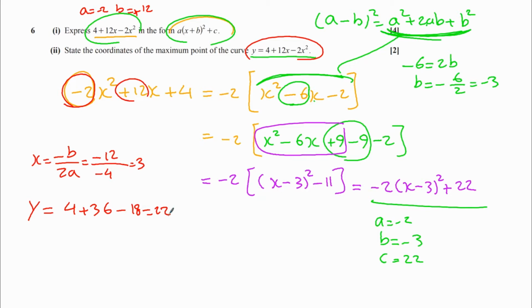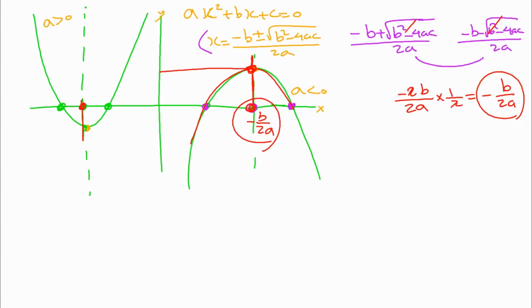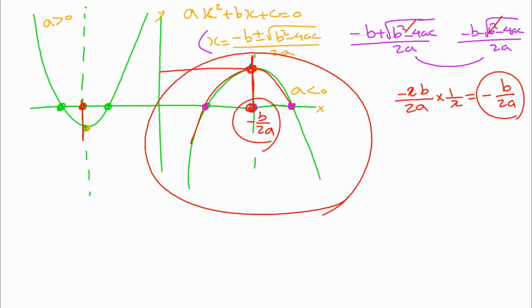So the point on the curve would be 3 and 22. To find out if this is a minimum or maximum, as you can see, because our a is negative, our curve is in this form. So the point that we found, 3 and 22, is a maximum point for that curve.